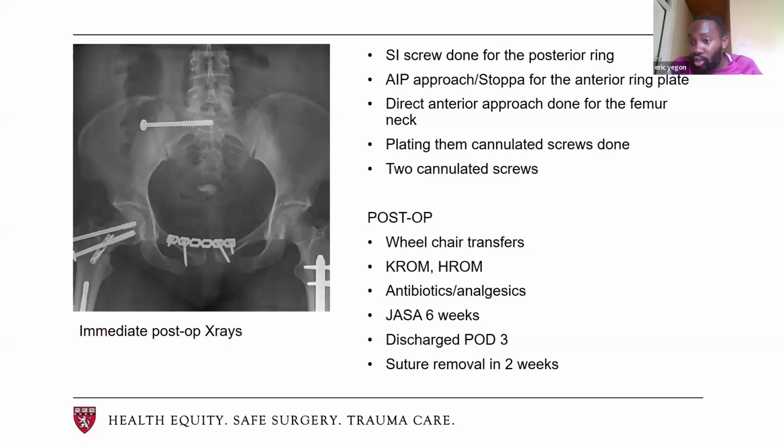So we did the stoppa for the anterior pelvis, of course. Then we did percutaneous for the posterior. Then for the neck, we did the direct anterior approach, which has been used by some of the joint surgeons when they are doing direct anterior hip replacements. So we went for the direct anterior approach.